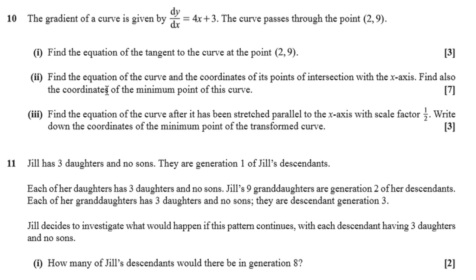Also, find the coordinates of the minimum point. Lastly, part 3, find the equation of the curve after it has been stretched parallel to the x-axis with scale factor half, and write down the coordinates of the minimum point of the transformed curve.